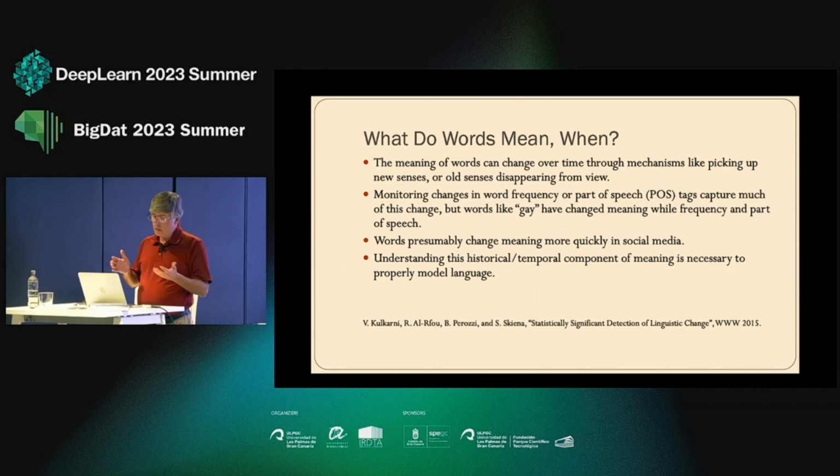Sometimes they change part of speech, stuff like this. And words today on social media change even more quickly than in the standard dictionary sense. So if you wanted to know what text means, you need to know whether words have changed meaning since you built your model. Would they have had a different meaning in the past or not?